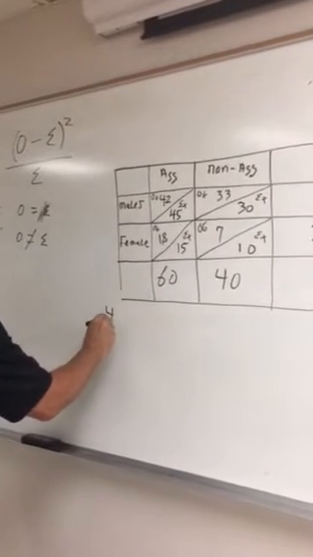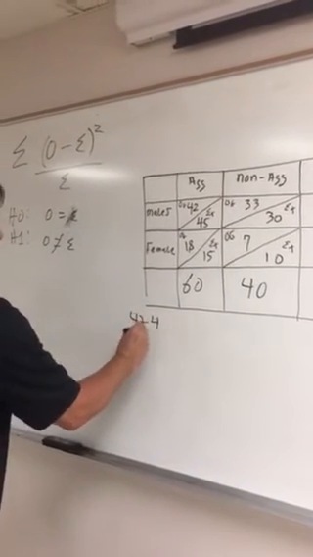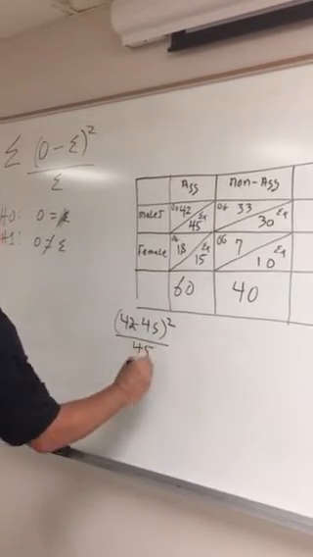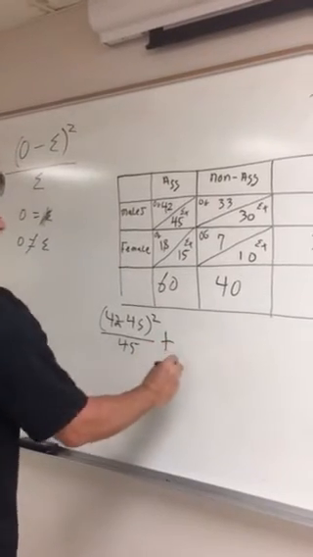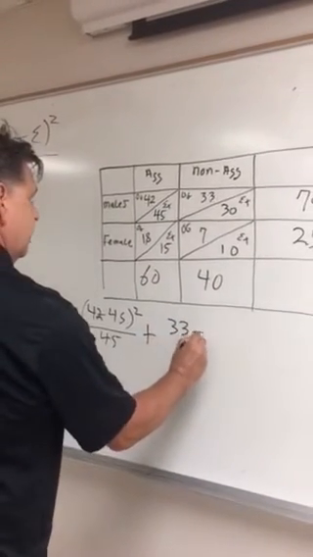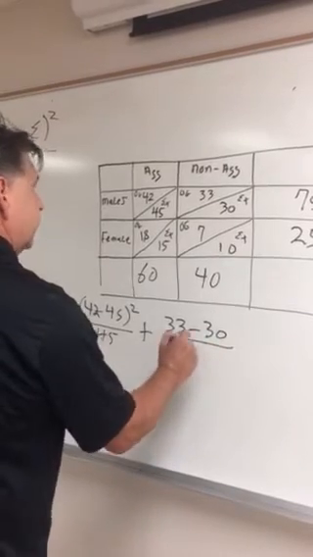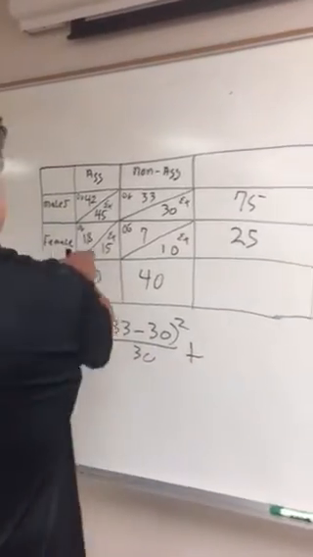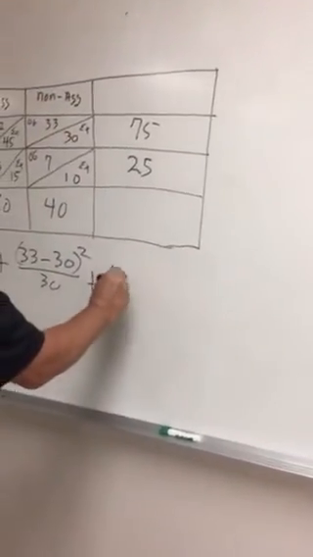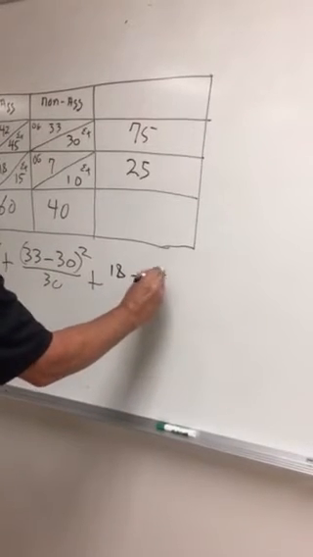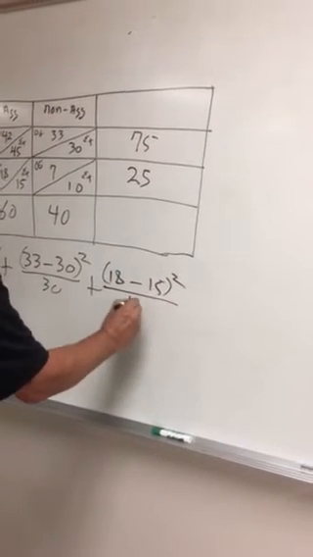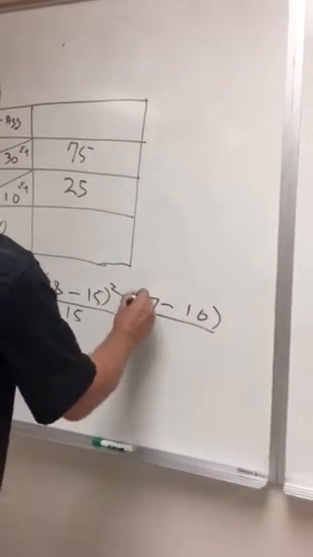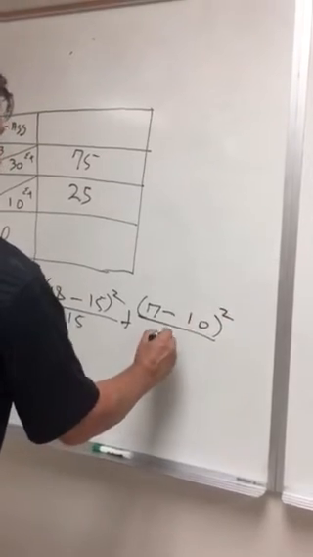I've got 42 minus 45, squared, over 45, my expected value, plus 33 minus 30, and I've got to square that, over 30, plus 18 minus 15, squared, over 15, and then finally 7 minus 10, squared, over 10.